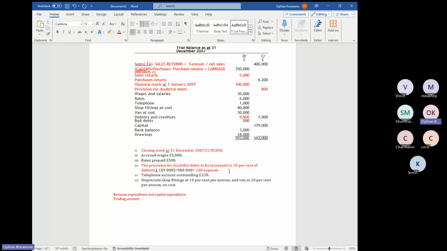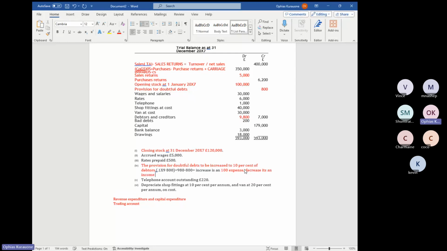So 490 was going to be less than 800, which means that there was an income. So if there is a decrease, an increase is an expense, and a decrease is an income.